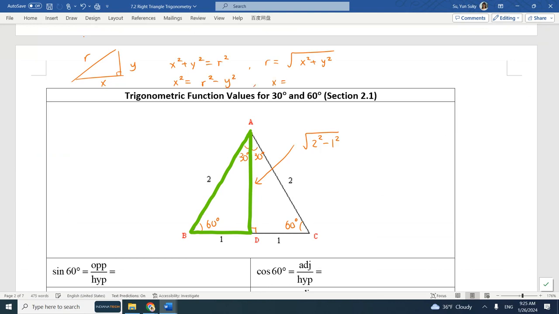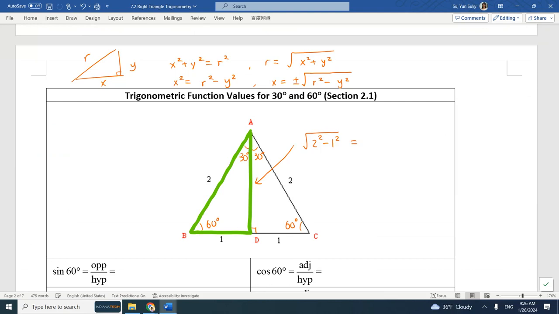Therefore, your x is plus or minus, whenever you take a square root, plus or minus the square root of r squared minus y squared. But because in this case this side is positive, we only take the positive square root of the hypotenuse, 2 squared minus 1 squared.